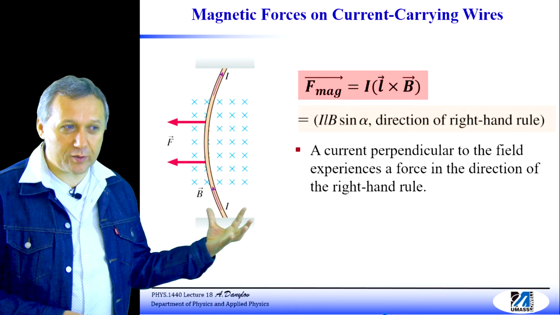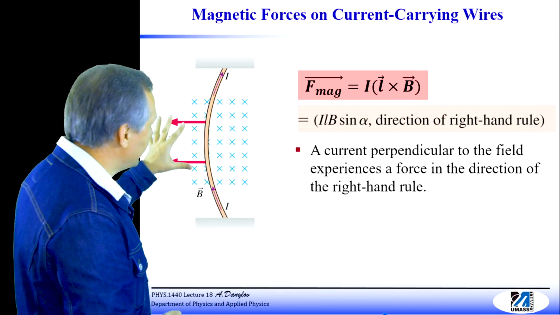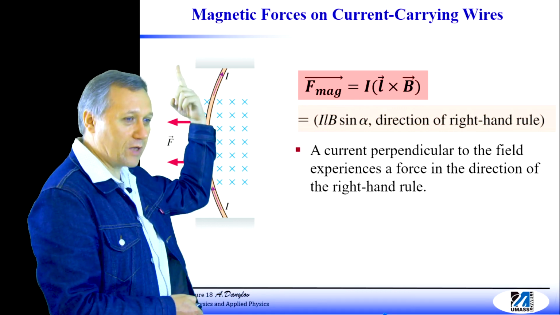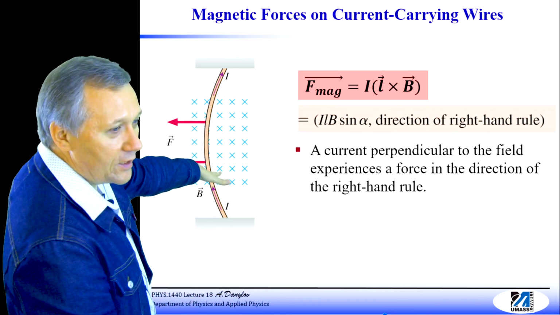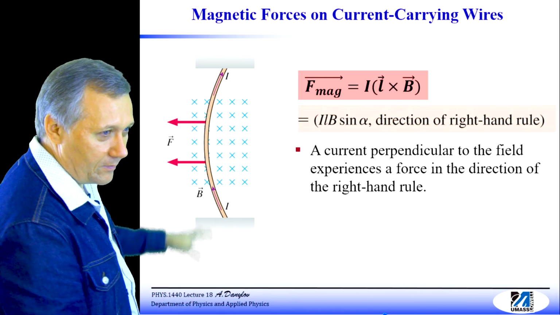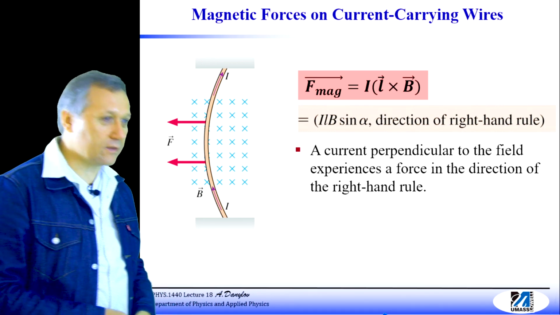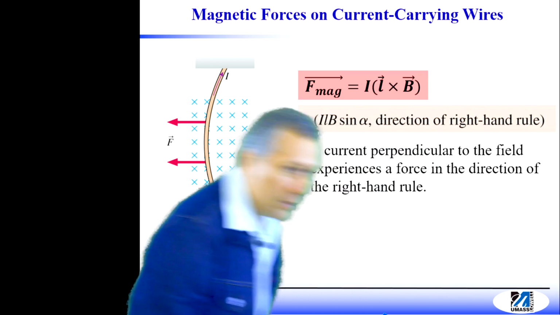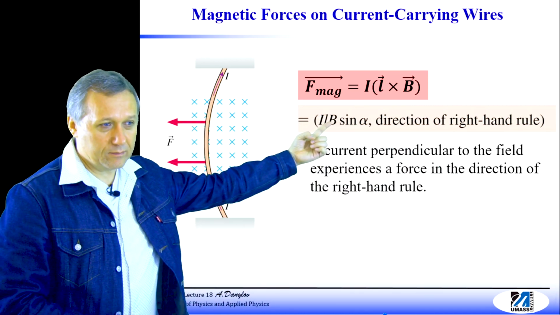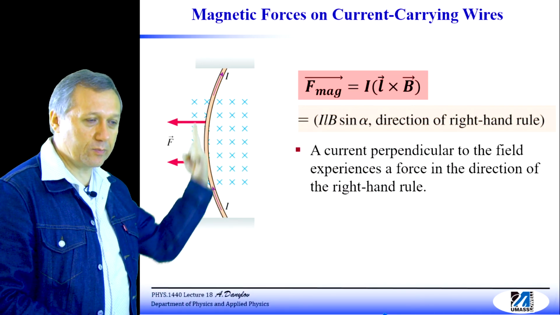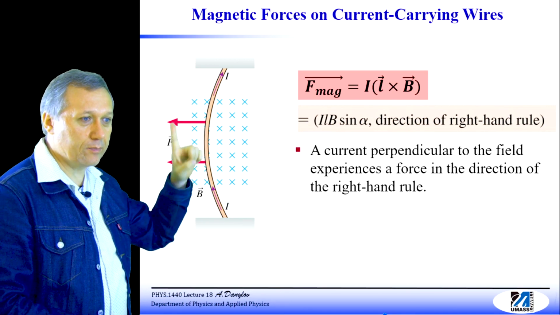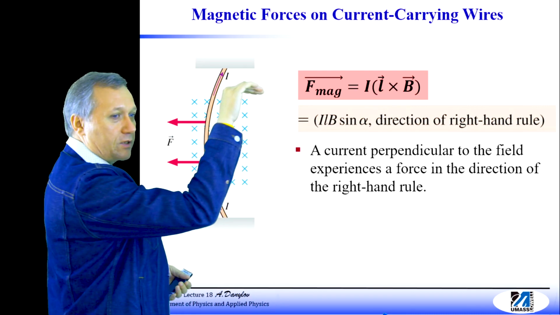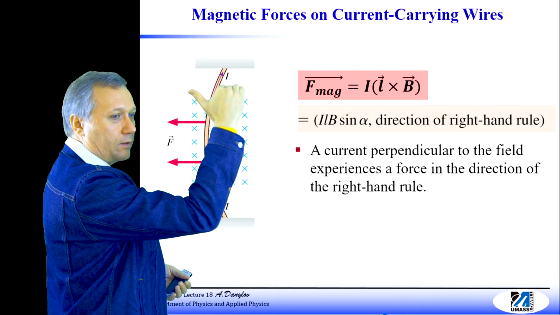Now, in this situation, you see, I turn the magnetic field direction by 90 degrees. In the previous slide, magnetic field was up. Now magnetic field is into the screen, you see, crosses. So now the angle is 90 degrees between L and B. Right, so L again is determined by the direction of the current, so L is up, B is into the page, so L cross B, so that's the correct orientation of the hand, right?